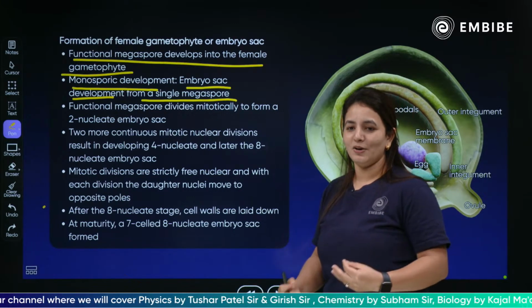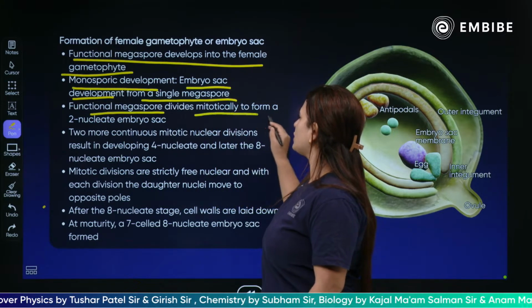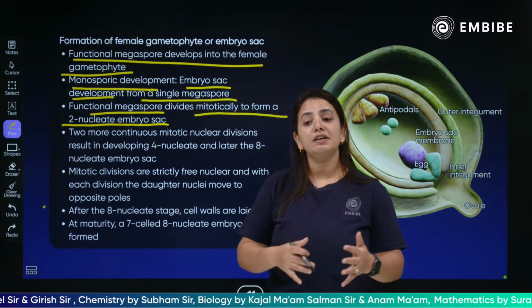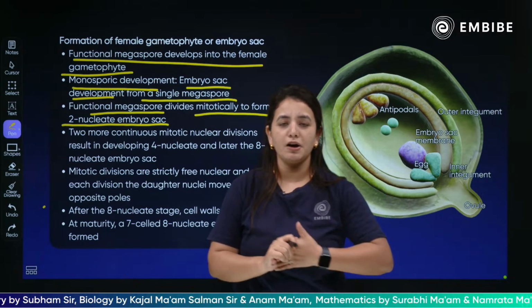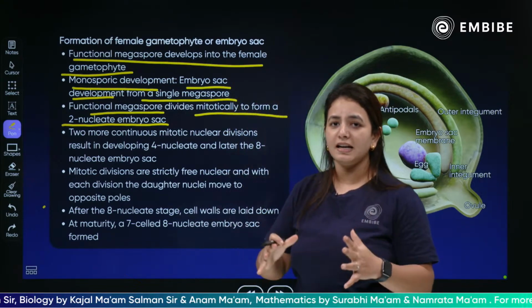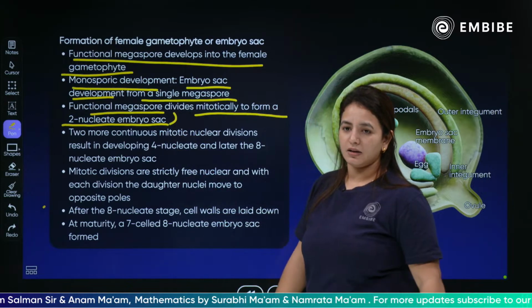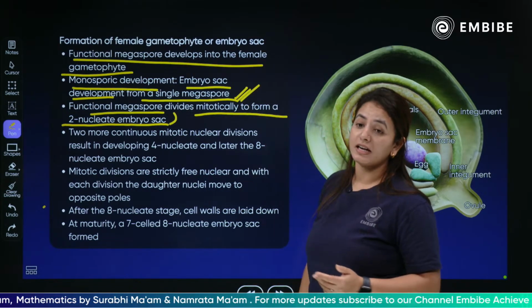This is what you call monosporic development. The functional megaspore divides mitotically to form a 2-nucleated embryo sac. So the division has already started in the functional megaspore, and it first forms a 2-nucleated embryo sac. Listen carefully, this is a mitotic division.